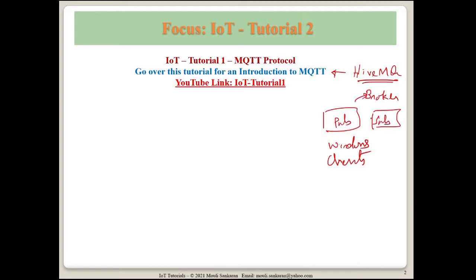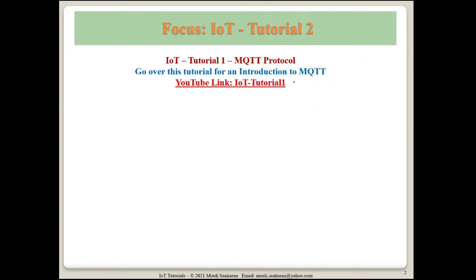So we had multiple windows with multiple topics on which we were sending messages from the publisher and receiving those messages on the subscriber, which was running on a Windows client, and our MQTT broker was running on HiveMQ, which is on the cloud, so that we could access it from a Windows machine.